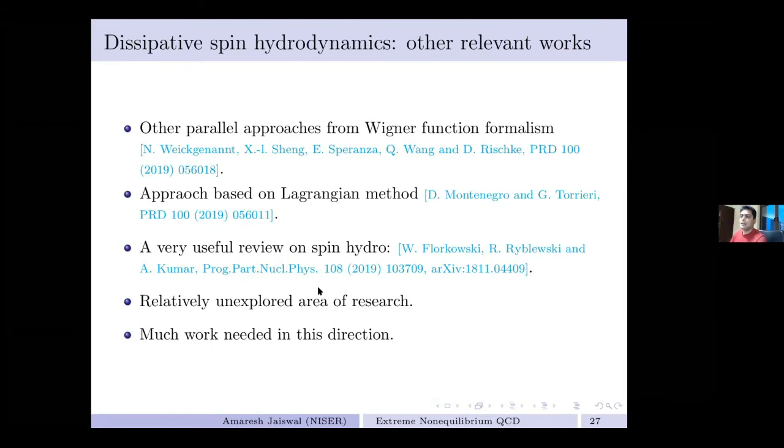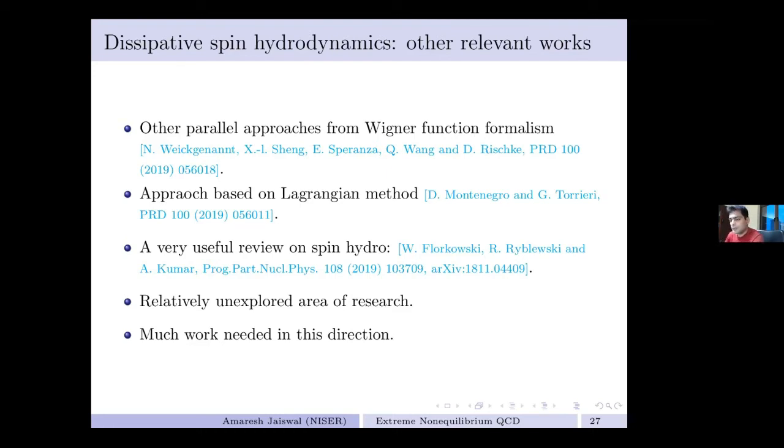There are other parallel approaches from the Wigner function formalism pursued by the Frankfurt group, and approaches based on the Lagrangian method, which Giorgio has been working on. Regarding all these formalisms, a very useful review on spin hydro can be found in this review article by Wojtek and company.